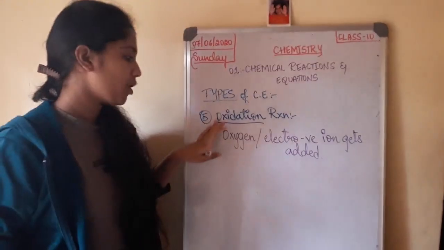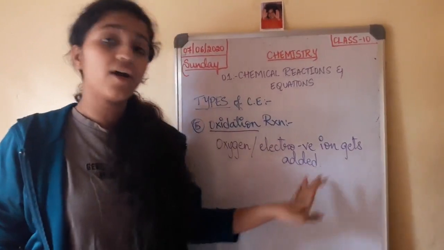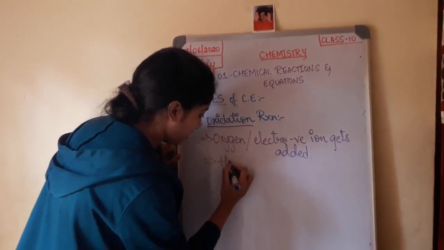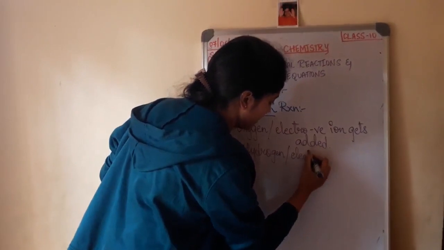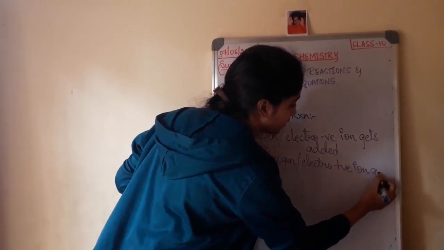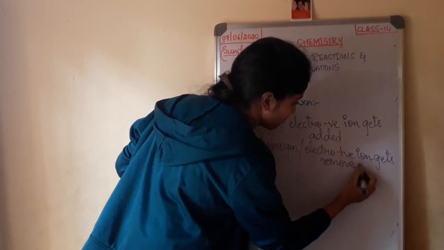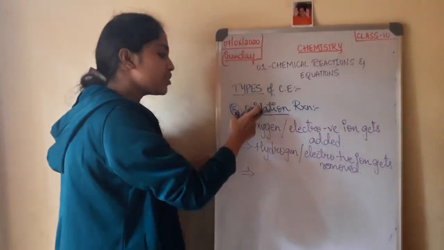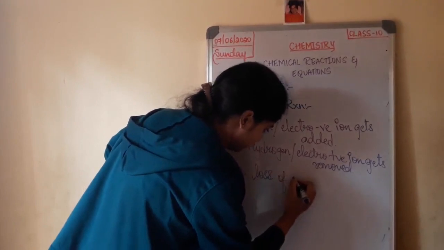It can also be told as a reaction in which hydrogen or an electropositive ion gets removed, or in electronic concept it can be told that oxidation is a process where loss of electrons takes place.